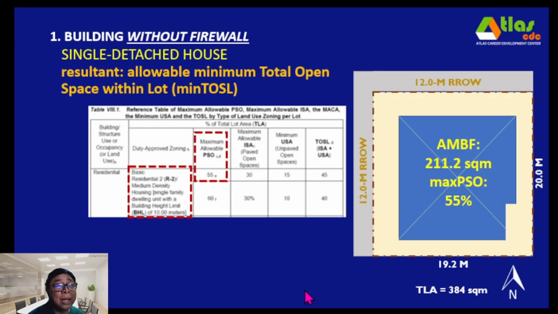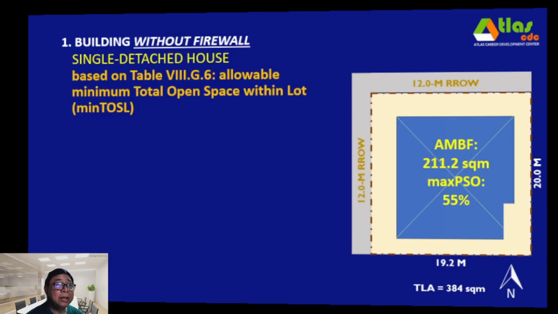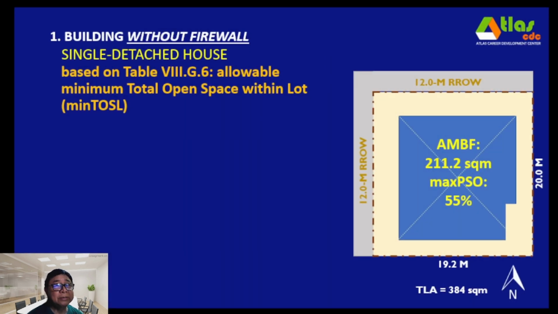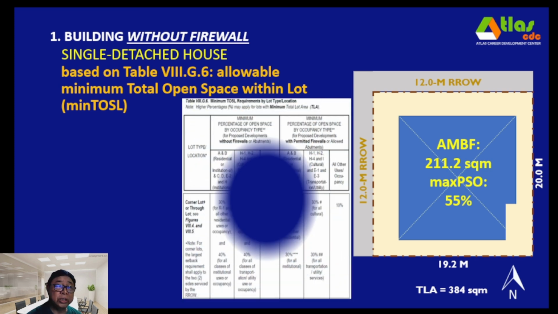Now, if you go to table 8.1, our value of the maximum PSO most stringent is based on this table, which is 55%. And in this table also, you will see that the TOSL here is 45%, or the minimum TOSL actually. However, we have another reference for the minimum TOSL, and this is table 8.G.6.